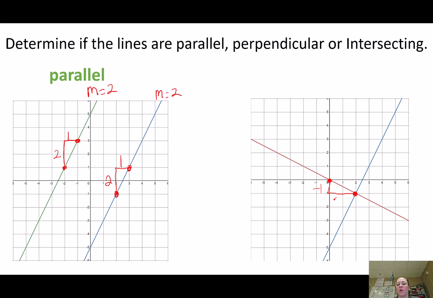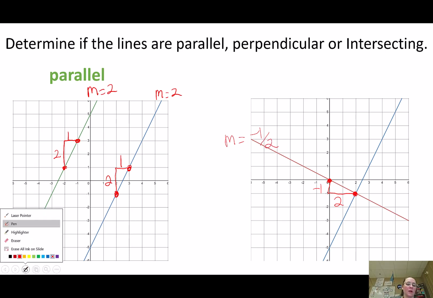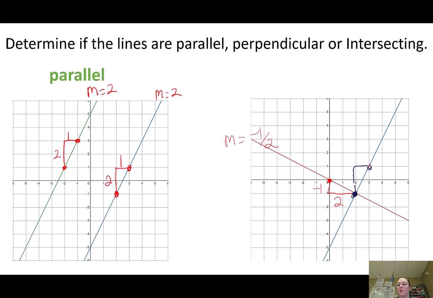So that's a -1/2 for the red line. And then for the blue line, I'll use that same cross point and this one, and we're going up 2 and over 1. So my slope for that line is 2/1 or 2.